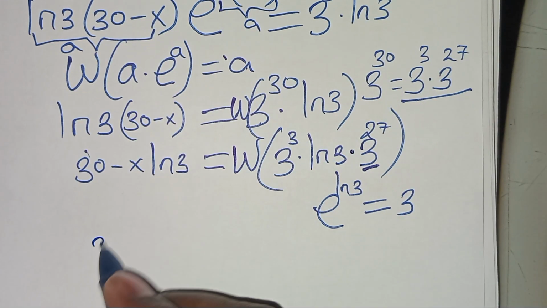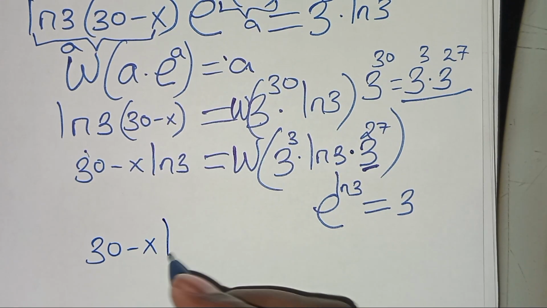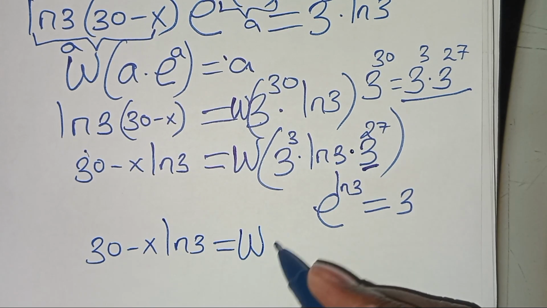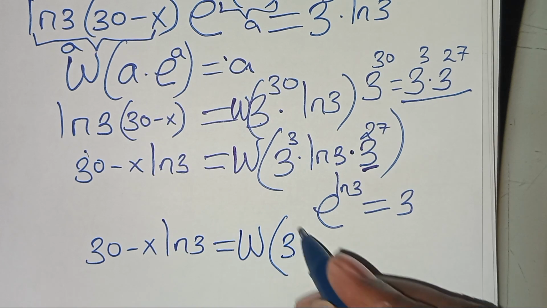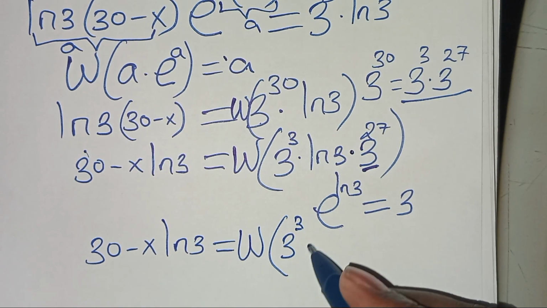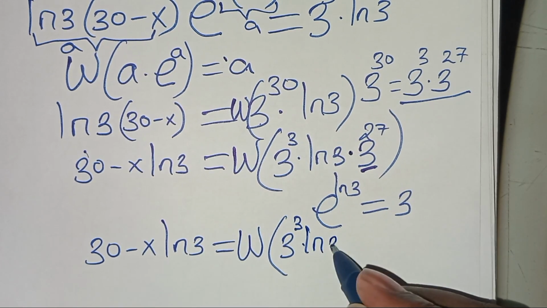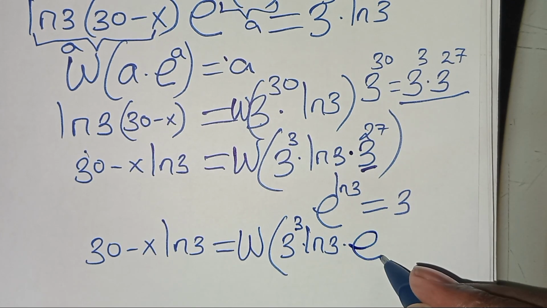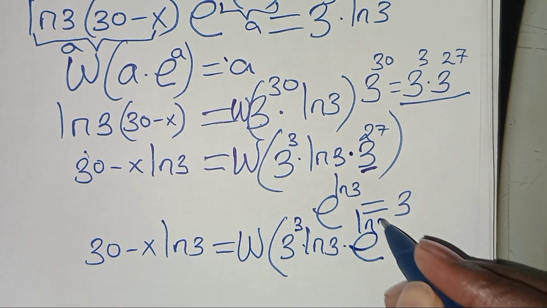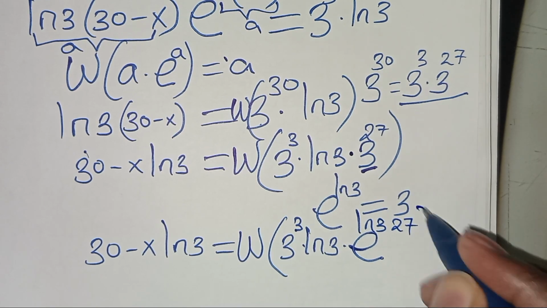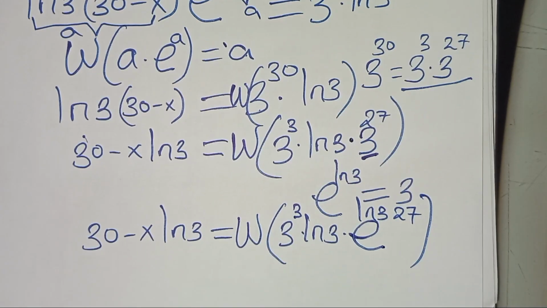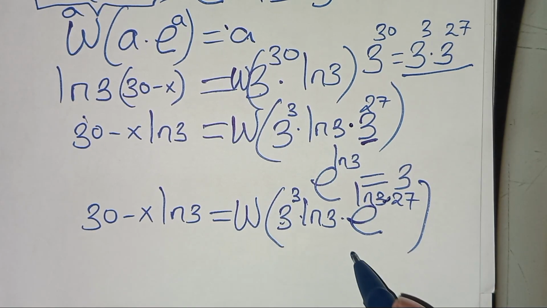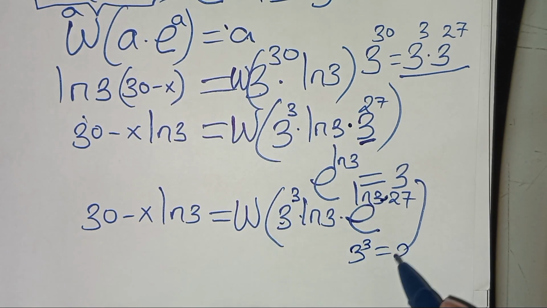So we'll have that subtract x natural log of 3 is equal to the W function of 3 to the power of 3 multiplied by natural log of 3 multiplied by e to the power of natural log of 3 multiplied by 27. Now, as you can see here, 3 to the power of 3, this is the same thing as 27.